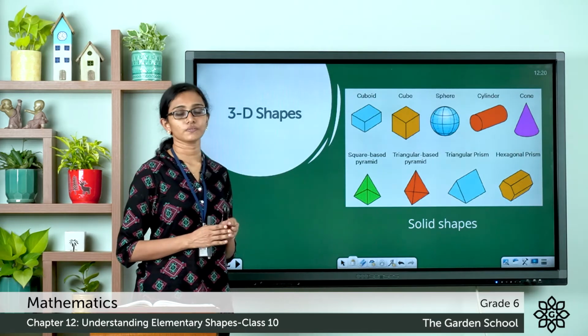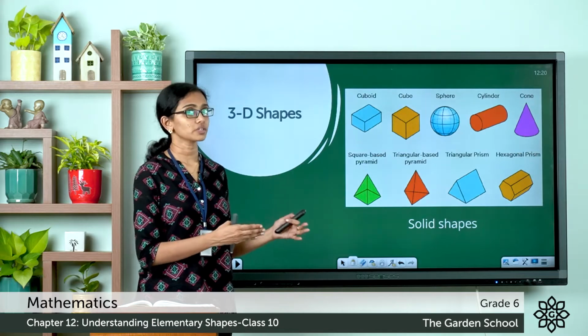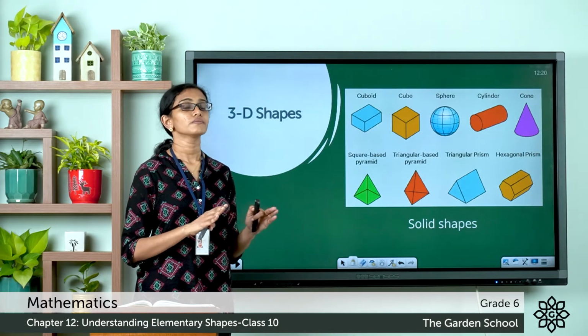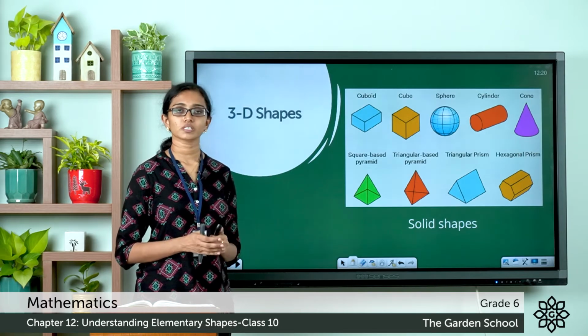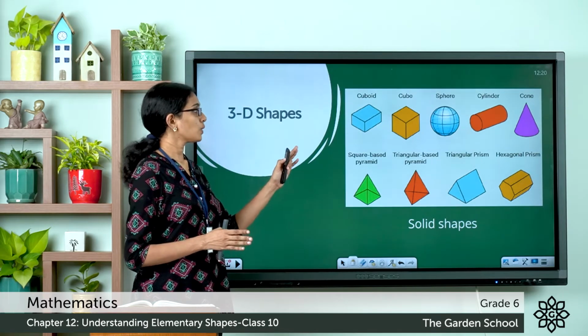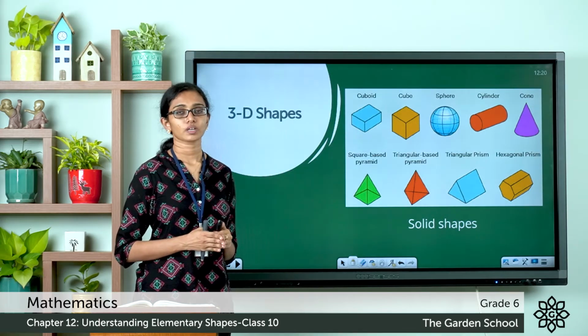And what about the surfaces? Are they flat surfaces or curved surfaces? There are solid shapes which have got flat surfaces around them. There are shapes which have got curved surfaces around them, and you see where the surfaces meet, there are line segments.